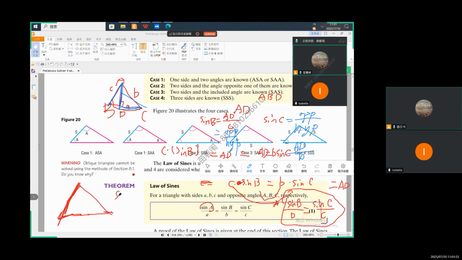Eventually I must have sine A over A equals sine B over B, and then sine B over B. If they're all equal, then this is working. I can just expand this theorem, same proving process basically.